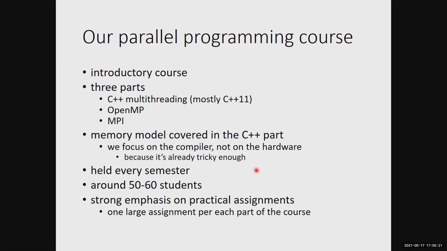We currently have 3 parts in the course. The first one is multi-threading in C++, mostly C++11. The second part is OpenMP, and finally MPI, because historically we've been teaching MPI to students, so we put this already in the introduction.